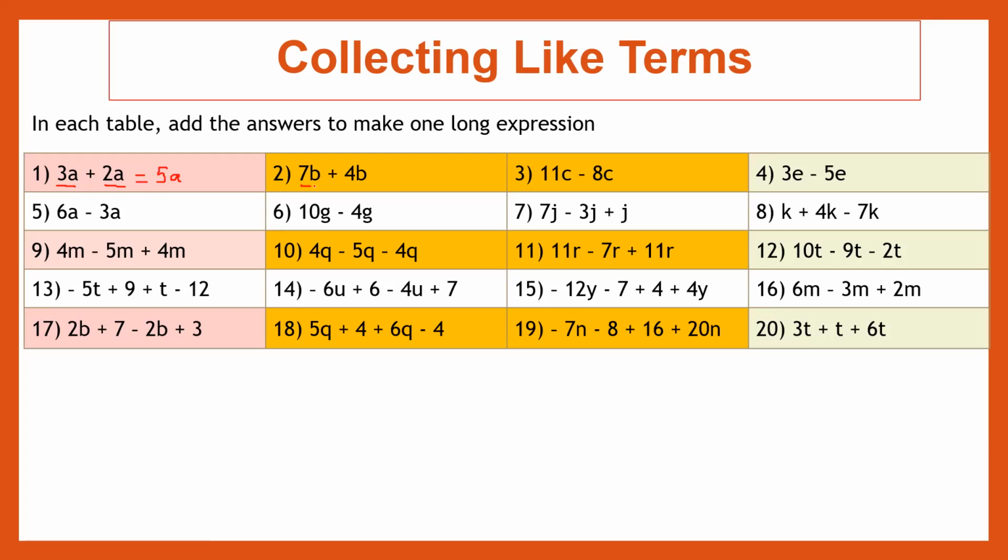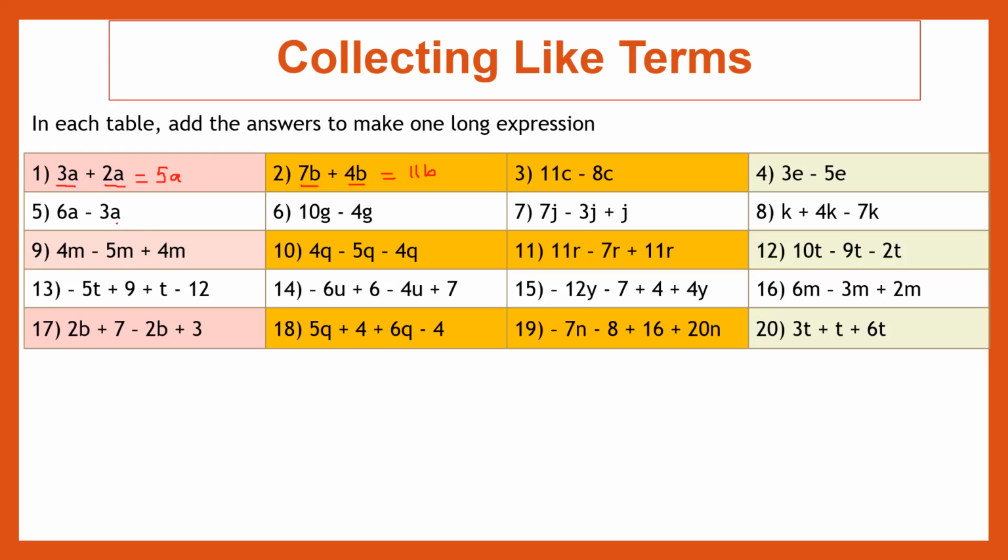Same when I have 7b and 4b. These are like terms because I have the same variable. 7b plus 4b is going to be equal to 11b. I think it won't be hard for you to know the answers of question 3 and question 4.